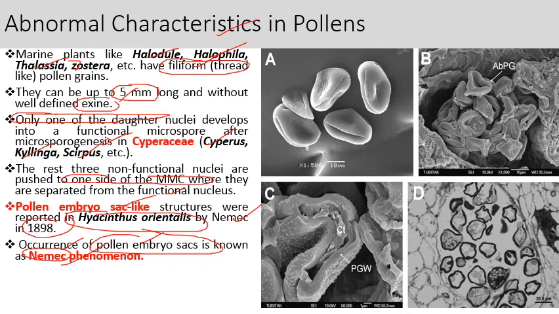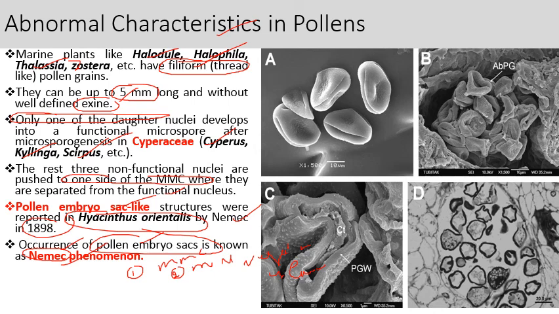But later on it was observed that the pollen embryo sac can be formed in 4 ways. The first is the division of the microspore mother cell. Second, it can be formed by the microspore nucleus. Third, it is formed by the vegetative nucleus, and fourth by the generative nucleus. So there are 4 ways which can give rise to this Nemec phenomenon, that is, the pollen embryo sac.